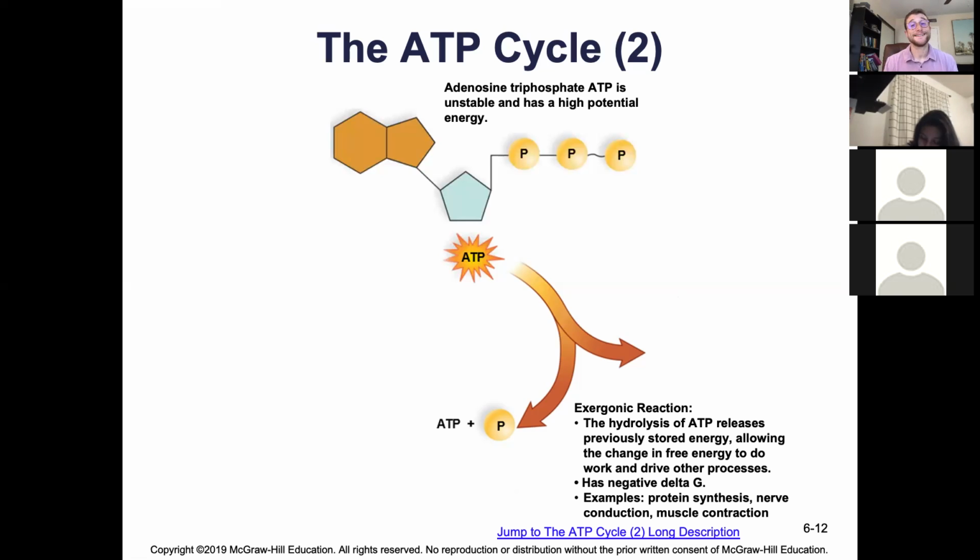And it ends up having a negative delta G, essentially meaning it's releasing energy. This happens with protein synthesis, nerve conduction, muscle contraction, really anything that requires work with cellular processes.